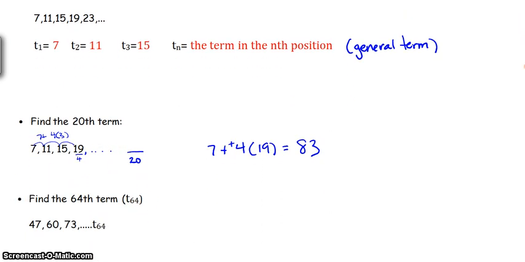So how would I do it here with the 64th position, term 64? Well, I want to add the common difference of 13. I want to add it 63 times, and I'm going to add that to 47, and that's going to give me the 64th term.